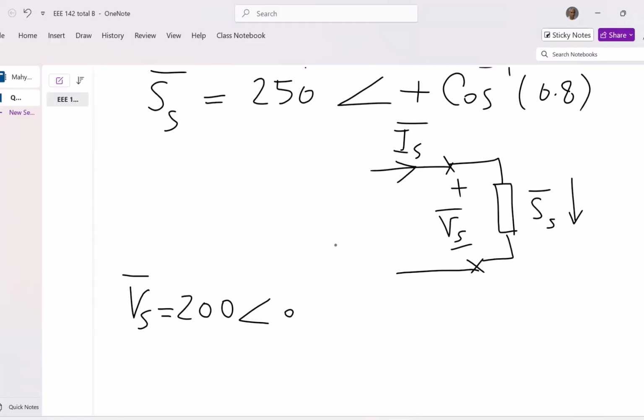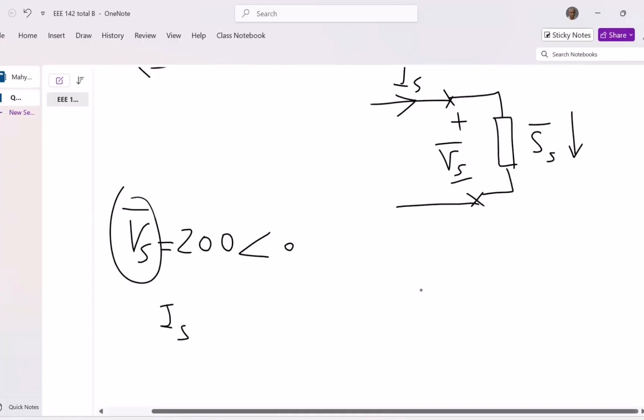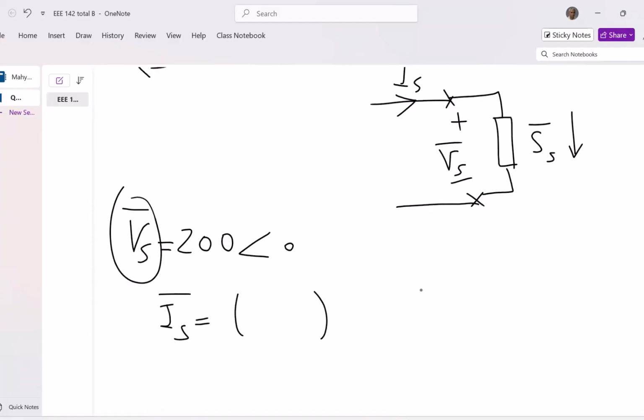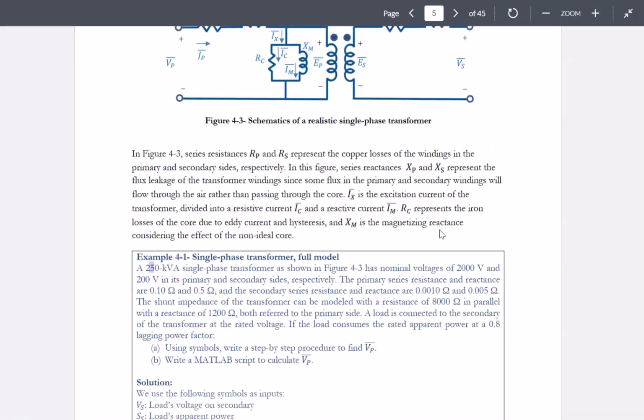Now through these two values, SS and VS, we can find out the IS. So how do you find that? We know IS is the conjugate of SS over VS, right? So we get IS. Now I can go back to this figure.